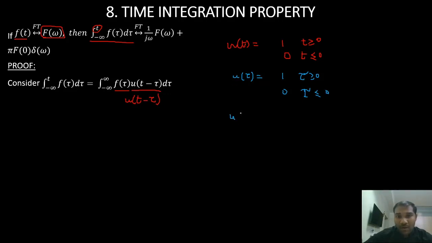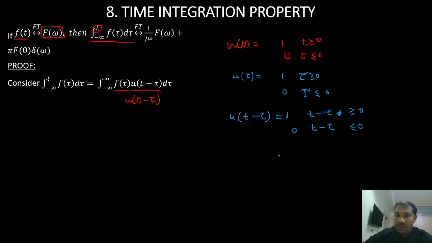Now I need u of t minus tau. So how will I get u of t minus tau from the basic operations on signals? In place of tau, I am going to write t minus tau. It is 1 for t minus tau greater than or equal to 0, 0 for t minus tau less than 0.